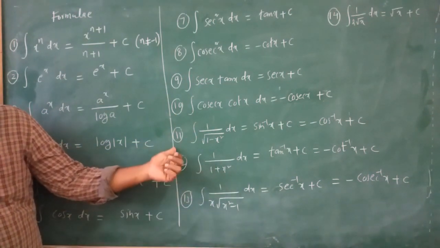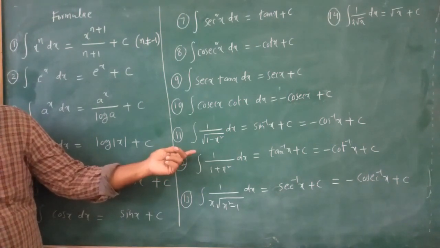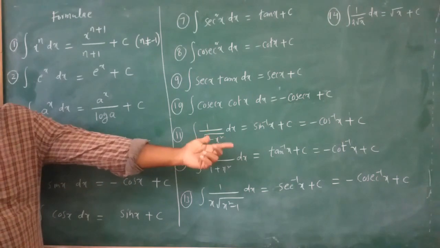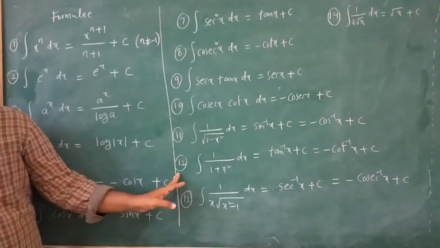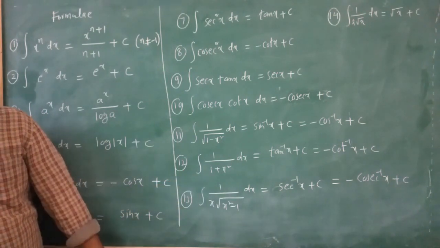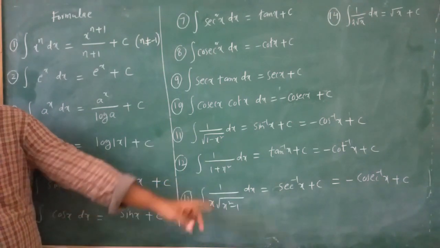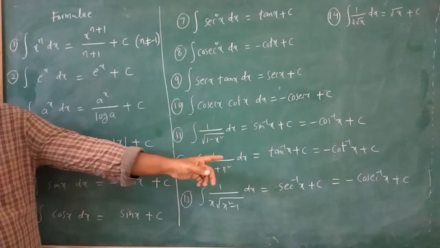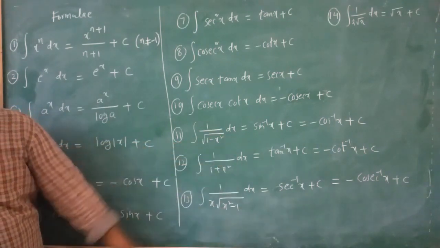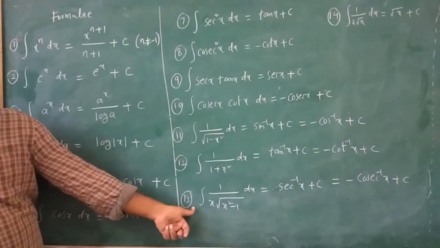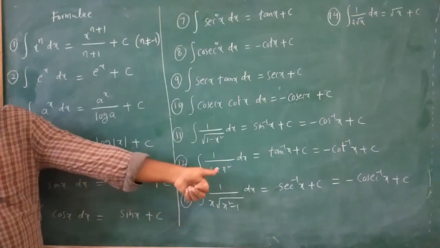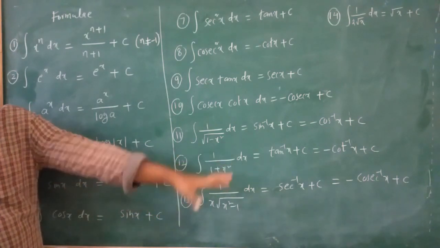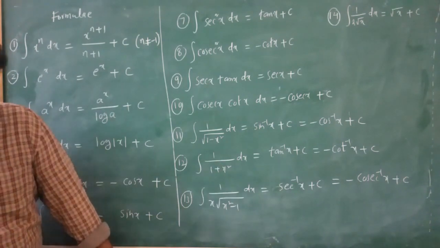11th one, integral of 1 by root over 1 minus x square dx is sin inverse x plus c or minus cos inverse x plus c. 12th one, integral of 1 by 1 plus x square dx is tan inverse x plus c or minus cot inverse x plus c. 13th one, integral of 1 by x root over x square minus 1 dx is secant inverse x plus c or minus cosecant inverse x plus c.